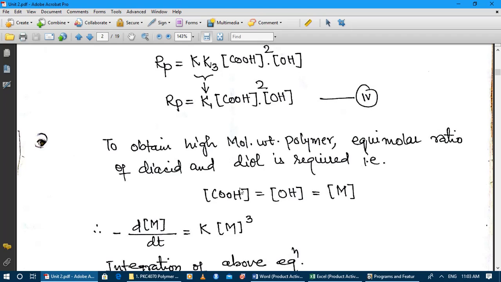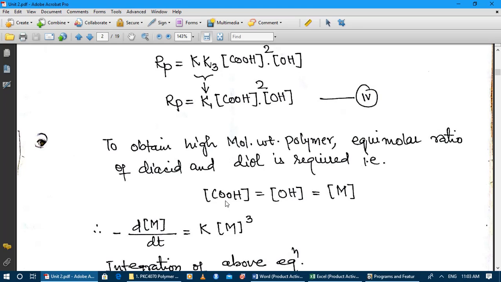The carboxylic group will be attached to both ends of the chain, and in that case no further reaction will be possible with the monomer, because COOH is in excess and it will end cap the growing polymer chain. So this is a prerequisite for a high molecular weight polymer.